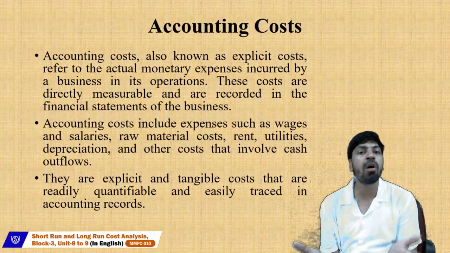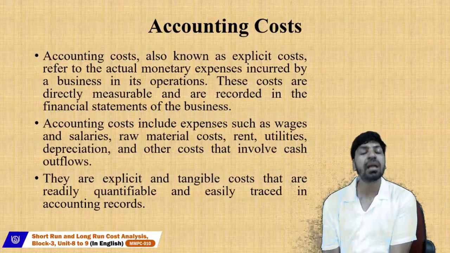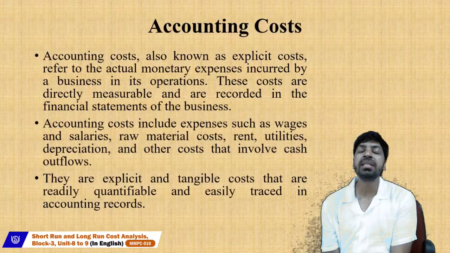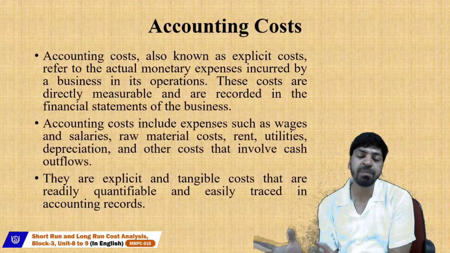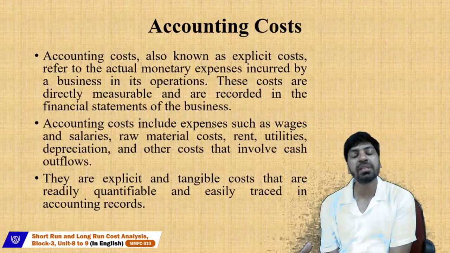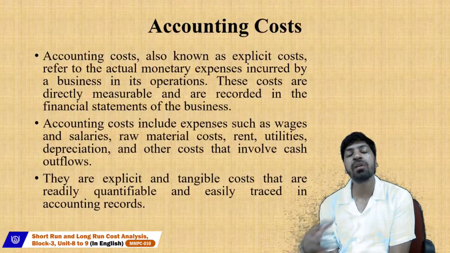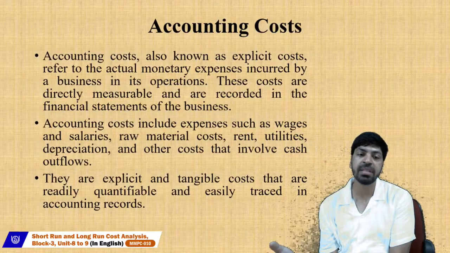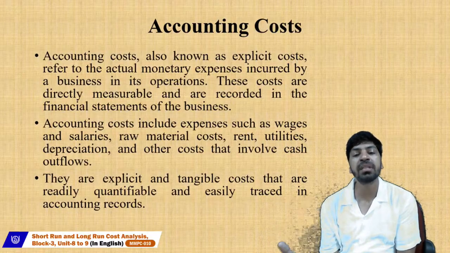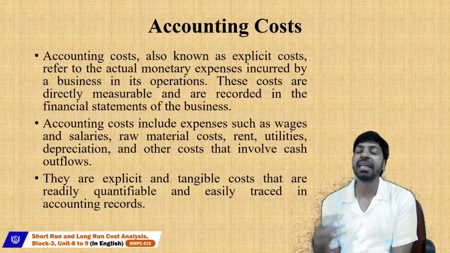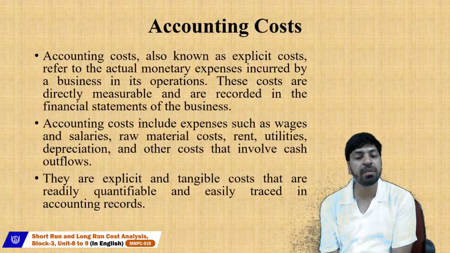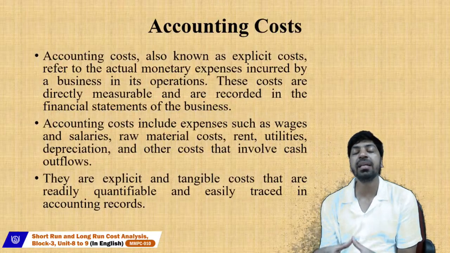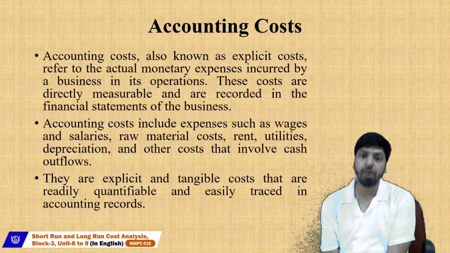These are explicit costs where the outflow of cash always occurs during the regular activities of the business, and that's why they are tangible costs, easily identifiable, easily quantifiable, and easily tracked in the accounting reports.